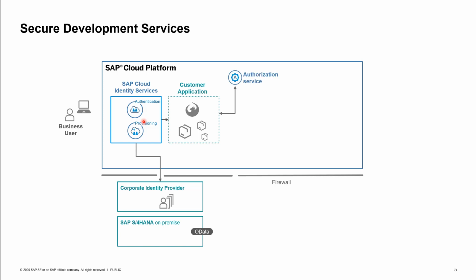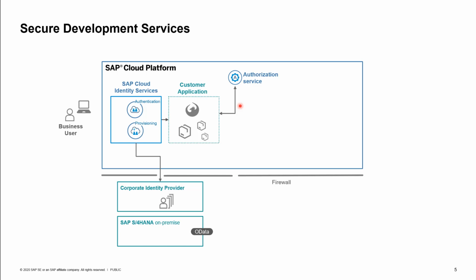And what happens? So we learned in the previous video that SAP Cloud Identity provides the business user a SAML token, so then he can access your customer application. So the user is coming here with his SAML token, and what happens then is it will be sent to the authorization service.